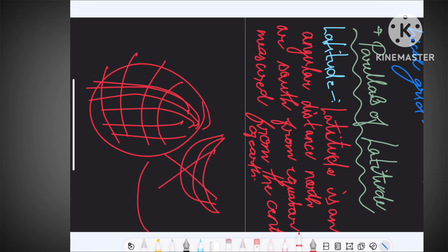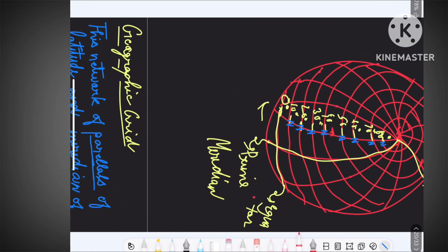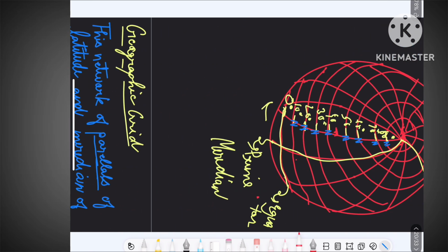They're like this. They never meet. And that is why they're called parallels of latitude. All parallels are thus parallel to the equator. Here's the equator, here the parallel of latitude. So all latitudes are parallel to the equator.